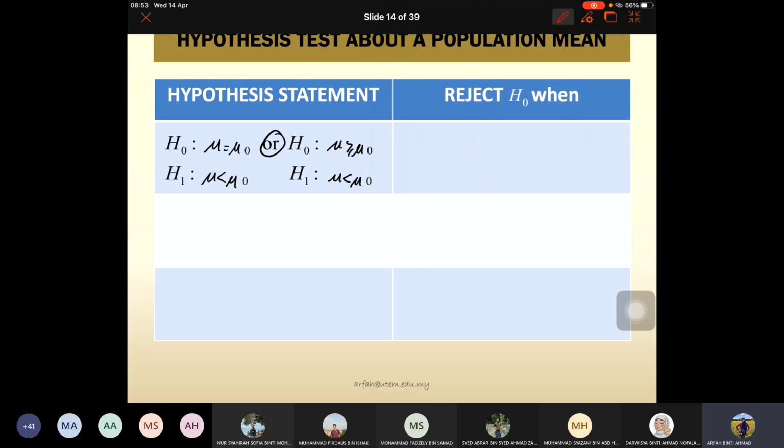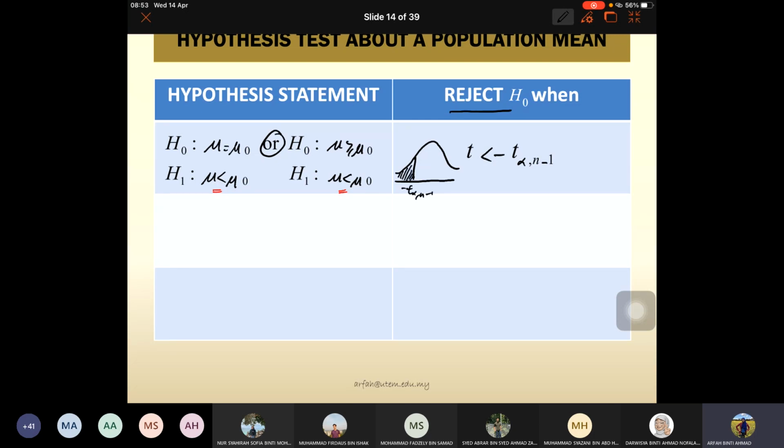So take a look at this one, dia punya H1 is lebih kecil. So rejection region, reject H null bila T less than negative T alpha, n minus 1. Okay. So dia akan jadi one tail.